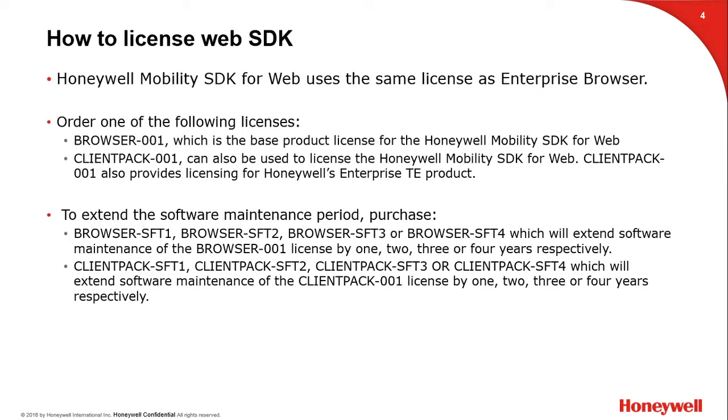All right, the SDK is usable by default as long as you have the license for the Enterprise Browser. So if you purchase the Enterprise Browser with the Honeywell Mobility SDK, the license will be included in there. If you do not have it, you can always order the Enterprise Browser or the client pack that includes the enterprise license.